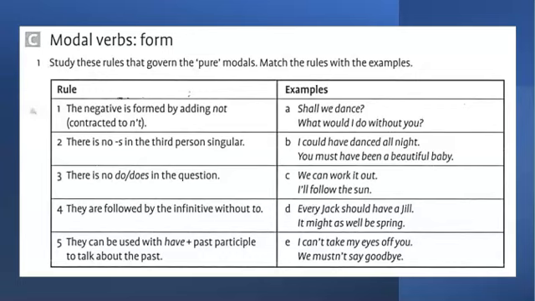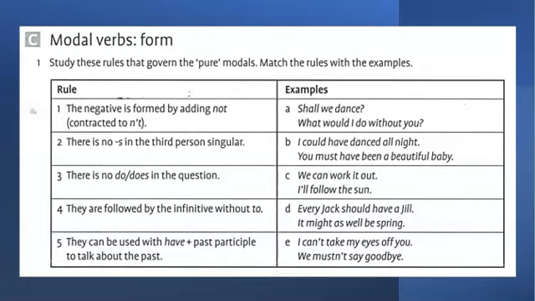One is that the negative is formed by adding n't. Another rule is that there's no s. We don't add s. There's no do or does. They are followed by the infinitive without to, that's the bare infinitive. They can be used with have plus a past participle to talk about the past.